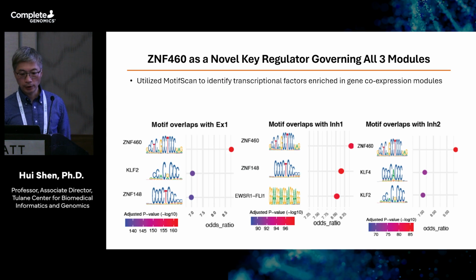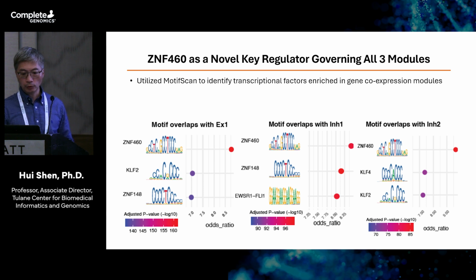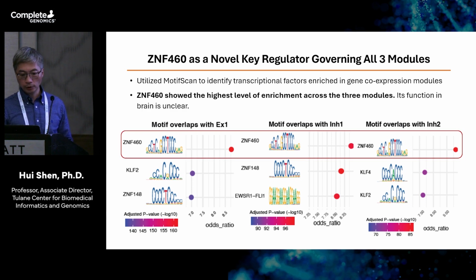The next step we did was to try to identify some transcription factors that are enriched in these gene co-expression modules. We applied an algorithm called motif scan to identify the different transcription factors enriched in each module. I want to highlight one specific transcription factor called ZNF460.